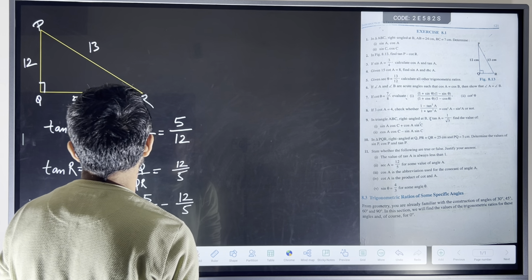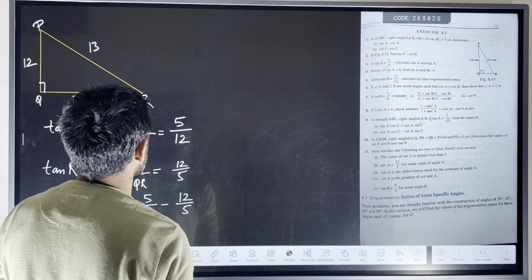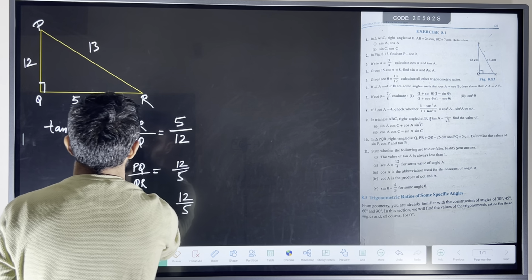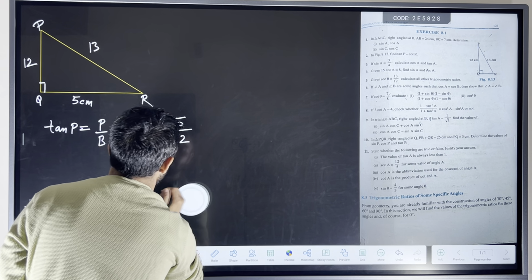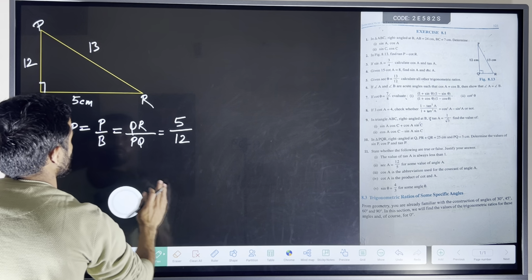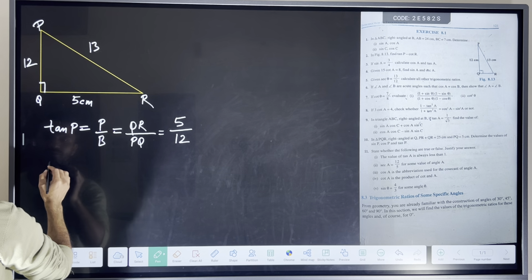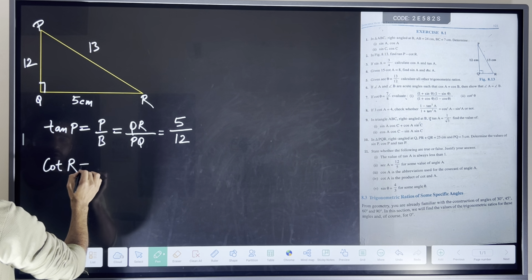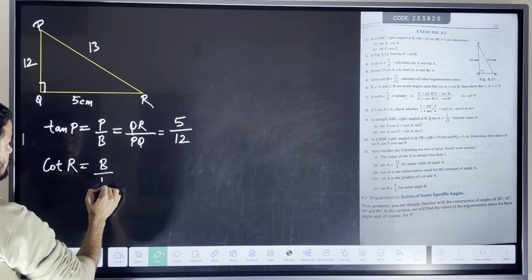No, it is cot R. Let me correct, it is cot R. Now cot R is base upon perpendicular.